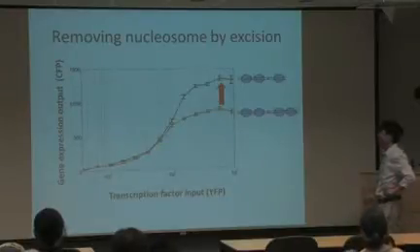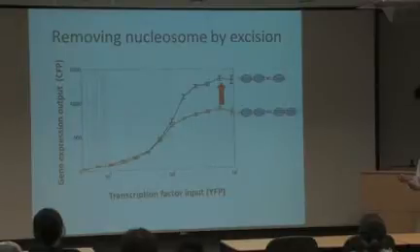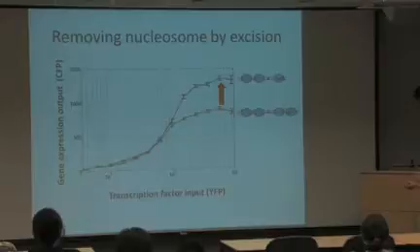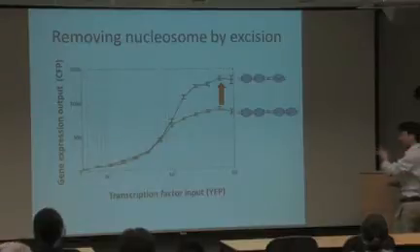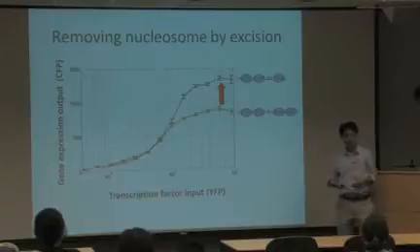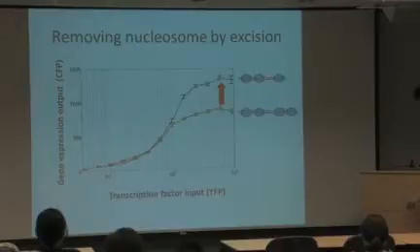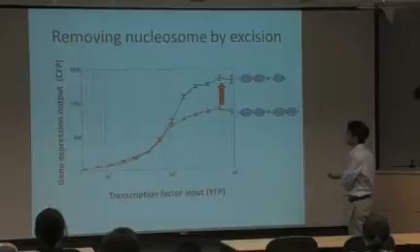And that sort of makes sense because the nucleosome, in the end, is something that has to be removed from the promoter for transcriptional initiation. So you can think of it as an additional barrier for the chromatin remodeling complex to remove. Giving more challenges to the chromatin remodeling complex will slow it down, make it more inefficient. So that's why you see this gene expression level increase, and we think that it makes sense.